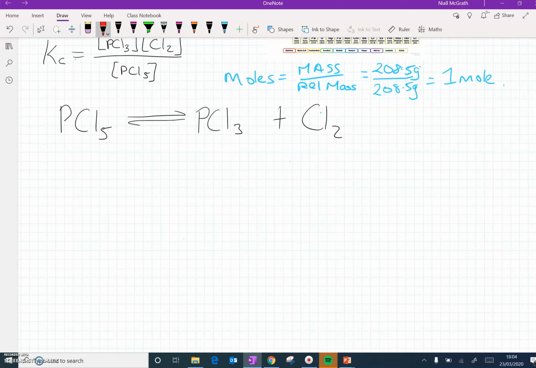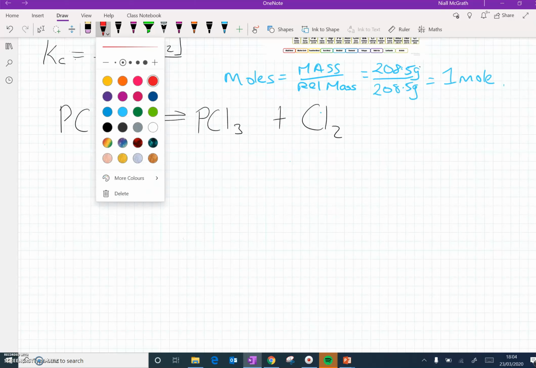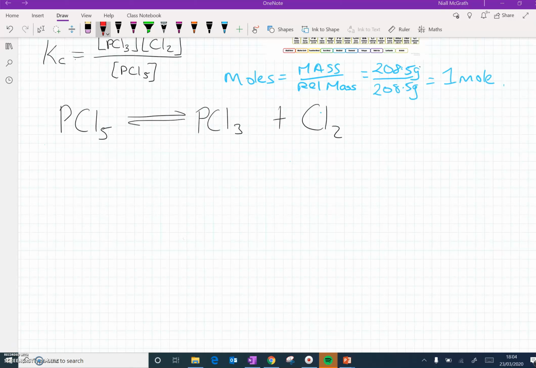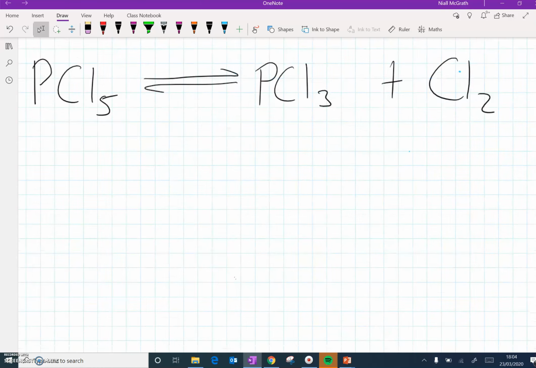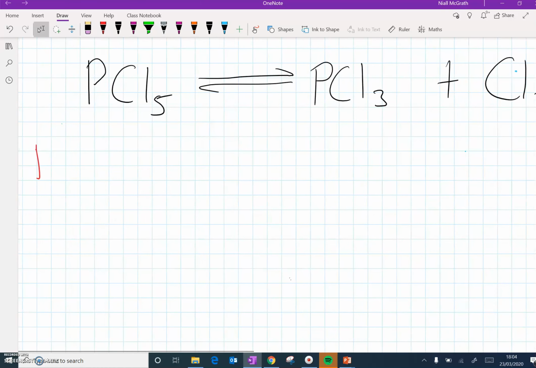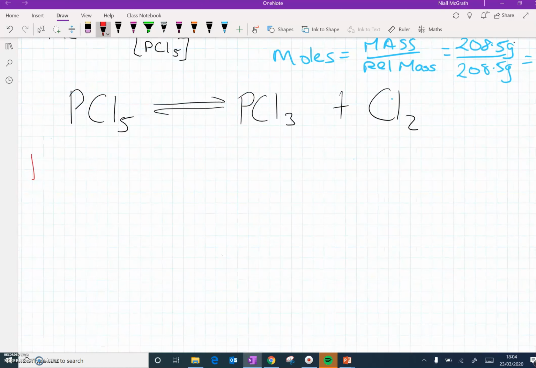So if we draw our ICE table, I standing for initial, C standing for change, and E standing for equilibrium.